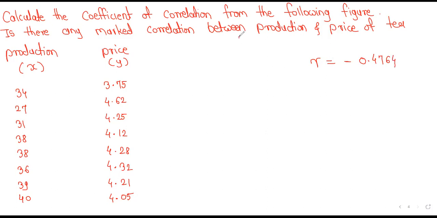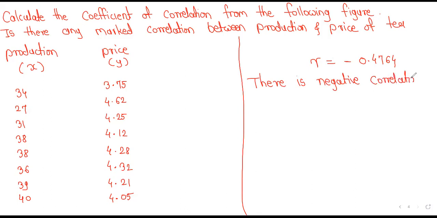Now we can make a statement: which type of correlation? Negative correlation. Yes, there is negative correlation between production and price of tea.